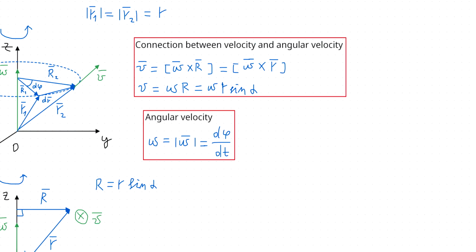So we can define angular acceleration. It can be signed as beta. Beta is equal to the derivative d omega dt. This is angular acceleration.